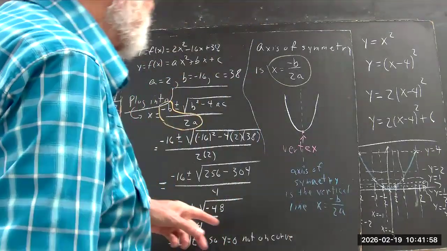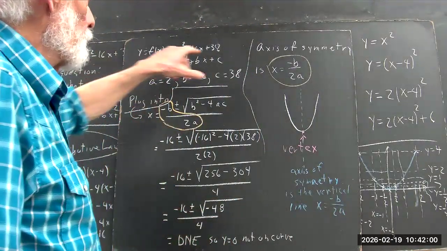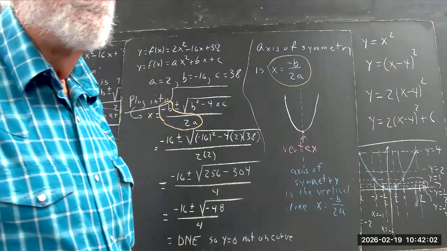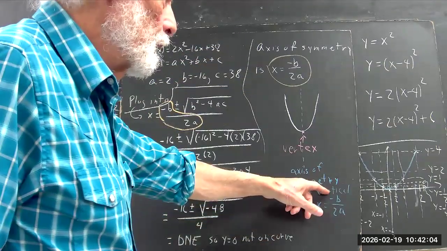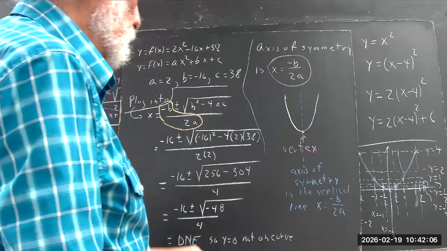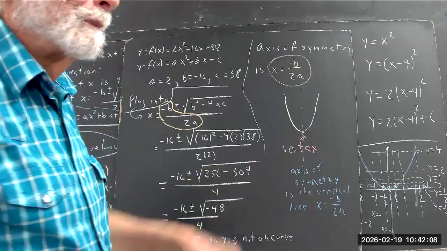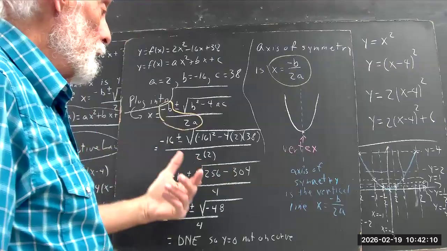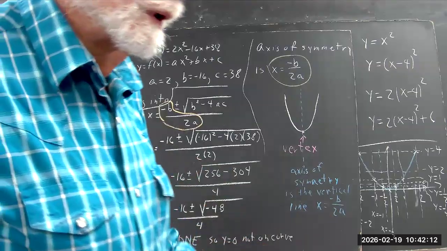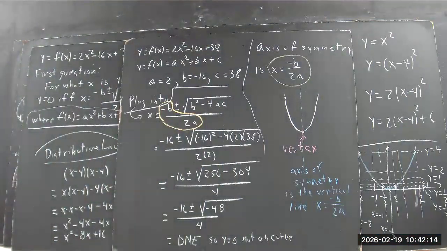Now, what line is that for the function we're working on? What do you get if you do negative b over 2a? Go ahead and plug in the value of b and the value of a, and tell me what number you get. You can hold up fingers, or I can look over your shoulder.